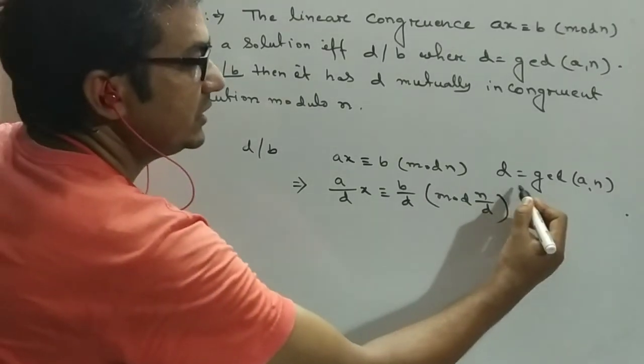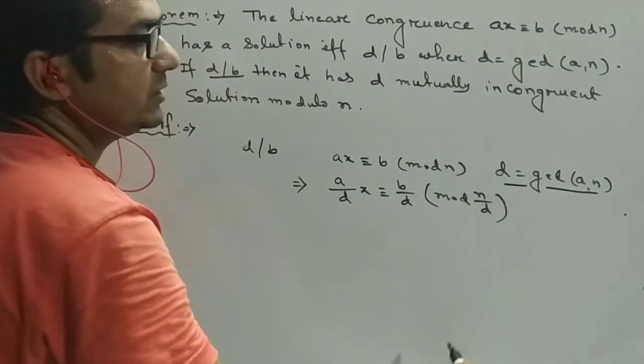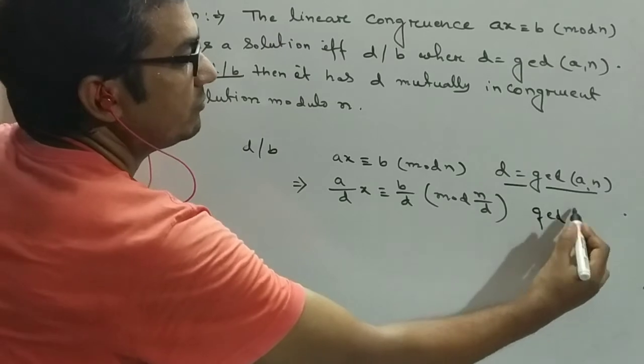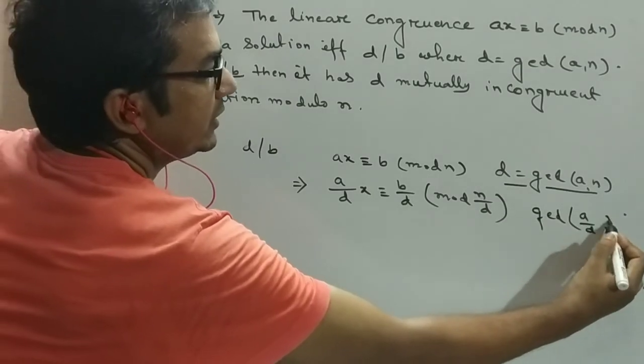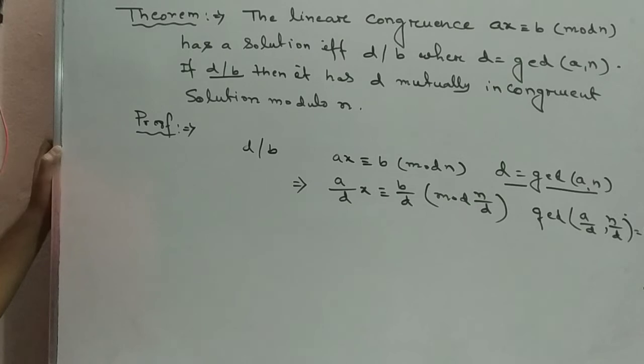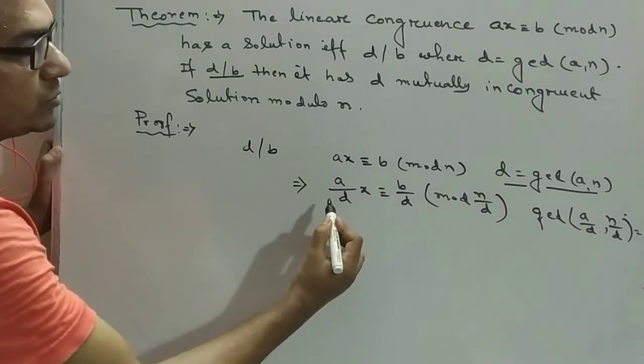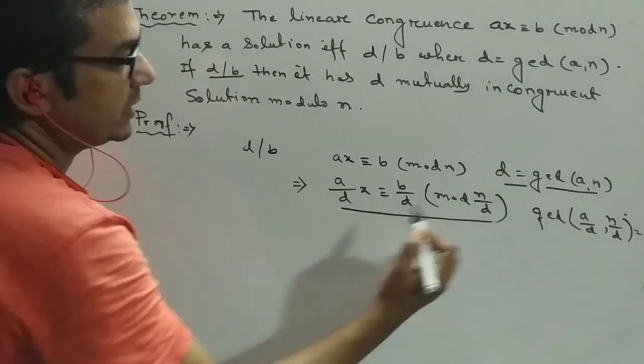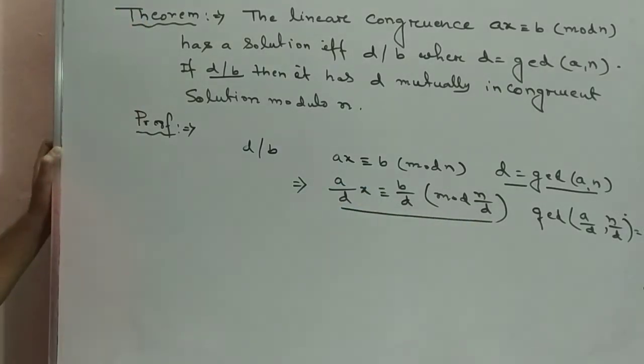Since GCD of a, n equals d, GCD of a by d, n by d must be 1. So this linear congruence has a unique solution.